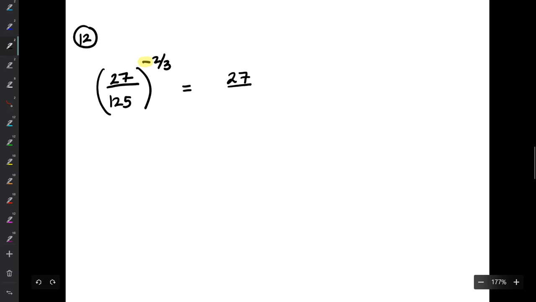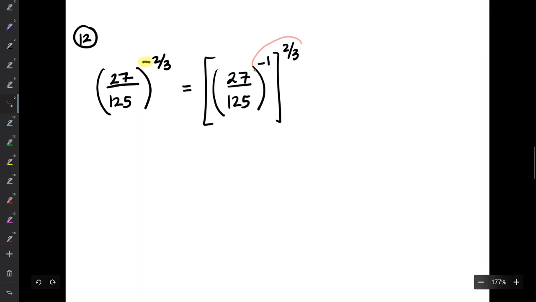I'm going to even emphasize that and say this is 27 over 125 to the minus 1 power, all to the 2/3, right? 2/3 times minus 1 is minus 2/3.